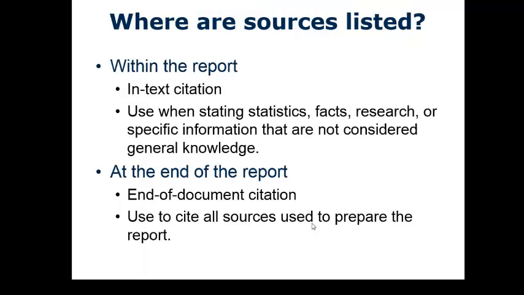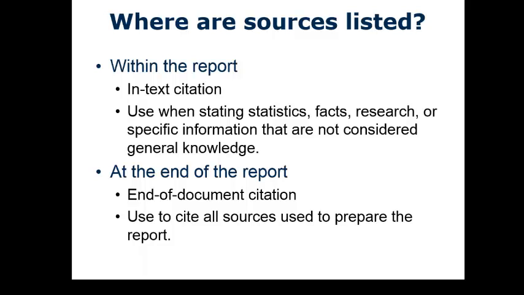Where are your sources listed? There are two different places that I would be able to find information regarding your sources. First of all, within your actual report, so we call that an in-text citation. Whenever you are at the end of a paragraph, you would want to cite this at the end of the paragraph.